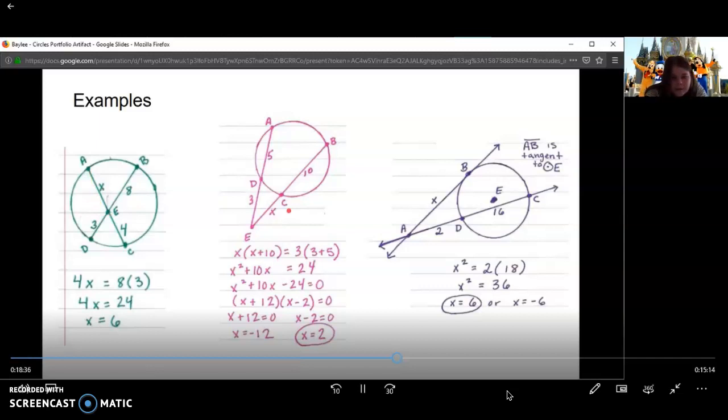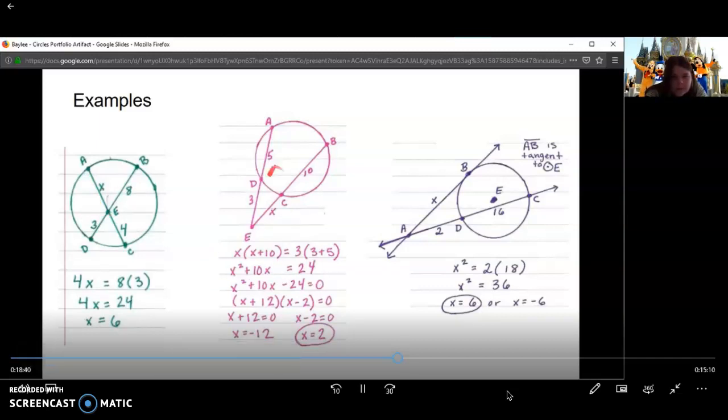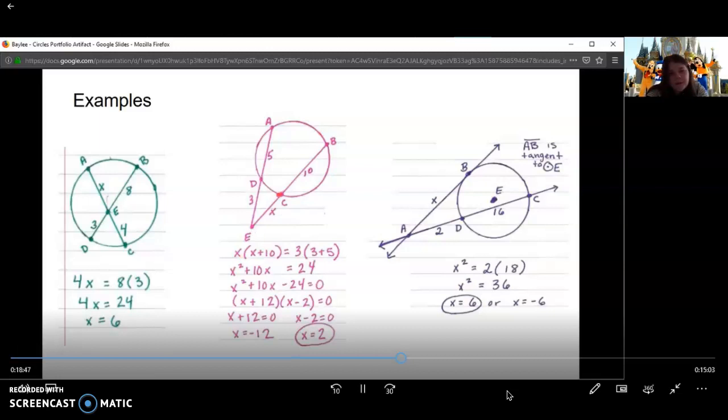Over here, it looks a little bit more complicated, but it's not. So you multiply x, the unknown that we don't know, which is EC, and then we have x plus 10, which is multiplied by. So it's basically just like proportions or ratios.